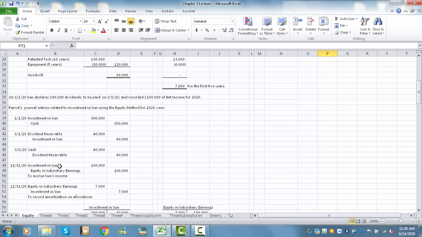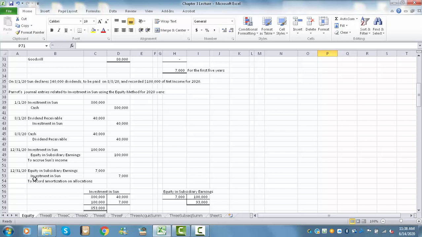And then at year end, we wanted to show the equity in Sun's earnings, which was $100,000, which is what they earned. And the investment in our subsidiary is $100,000. And then the last thing we have to remember to do is to take care of this excess amortization, the $7,000. So that decreases our investment and it decreases the equity in their earnings.